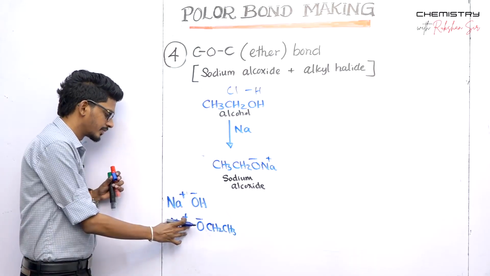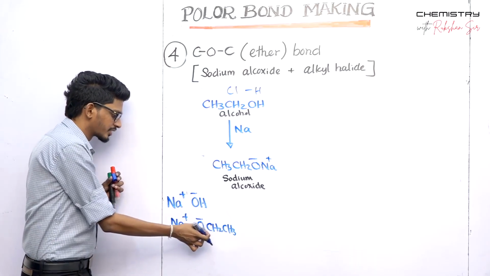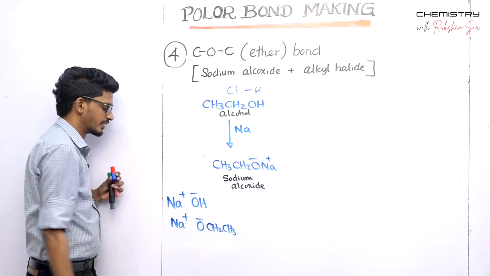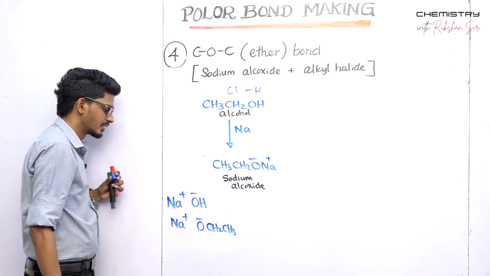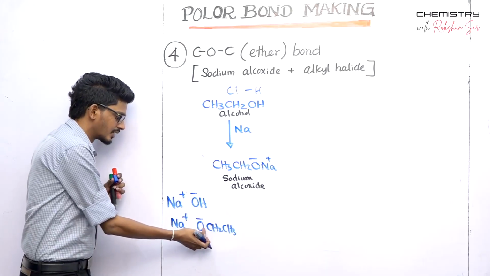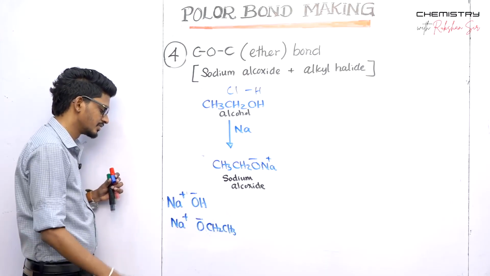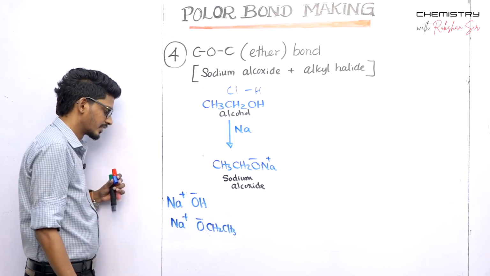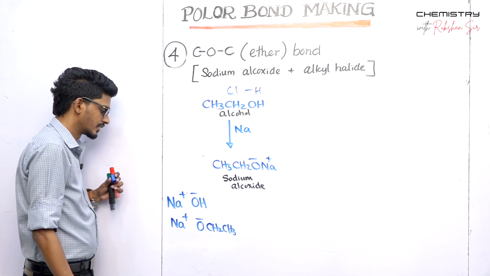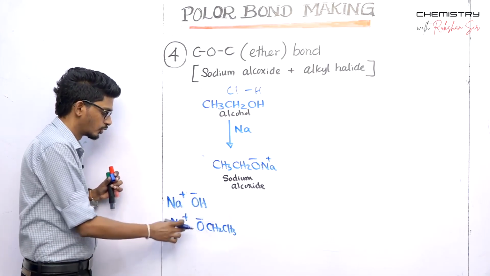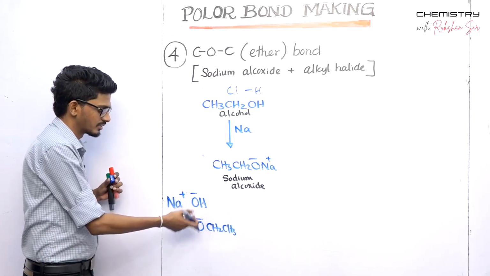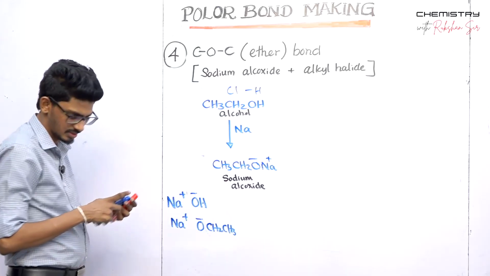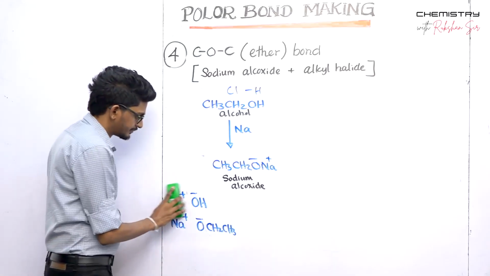So sodium alkyl oxide, alkoxide. Here this is the hydrogen oxide, hydroxide. Alkyl oxide, alkoxide. That's it. There's nothing to worry about. Sodium hydroxide, sodium alkoxide. Alkyl oxide, hydrogen oxide. Same, right? Sodium alkoxide.